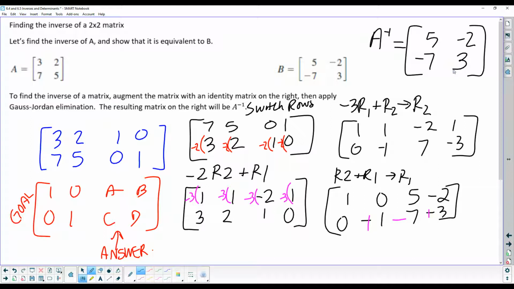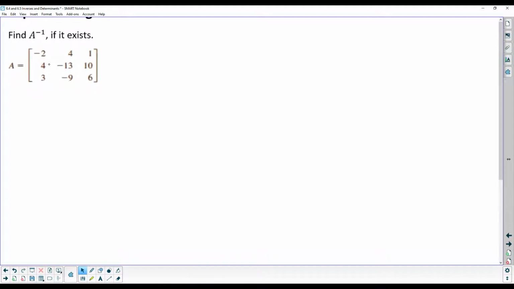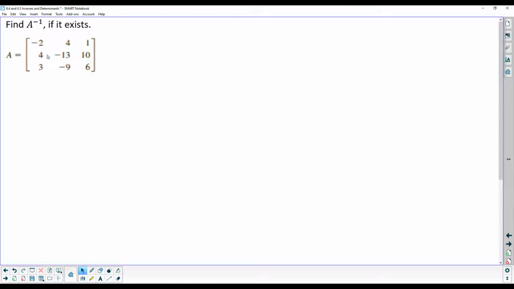So like I said, your topic is to do this with a 3x3 matrix. So it's a little more intense when it's 3x3. We are going to augment it with an identity matrix, so we're going to be dealing with a lot of numbers.